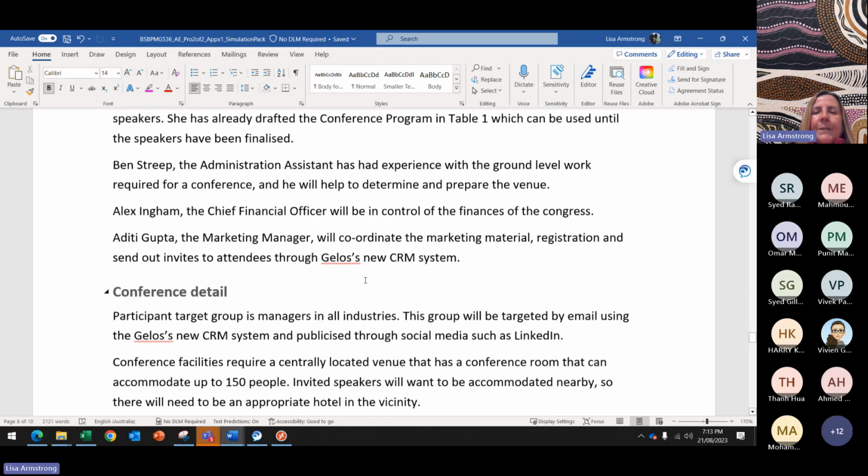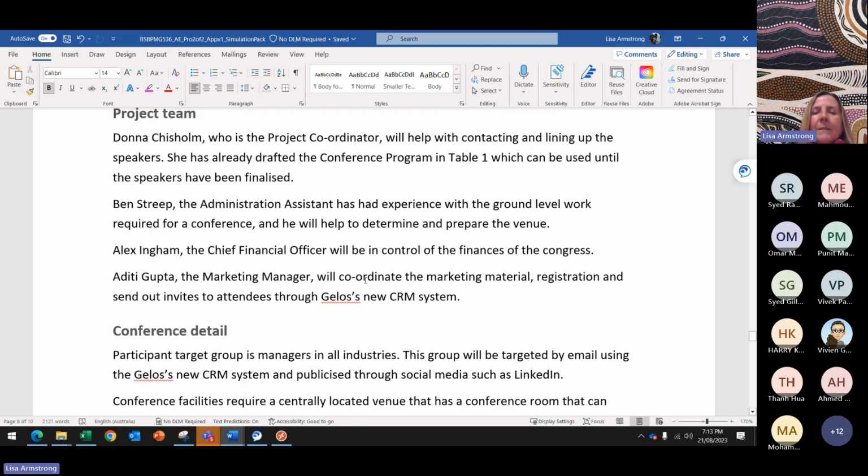Alex is the chief financial officer, so Alex will have control of the governance of the finances. And Aditi, the marketing manager, will coordinate the marketing material, registration, and send out invites to attendees through the new CRM. So this is the interface with what we've done in Project 1.